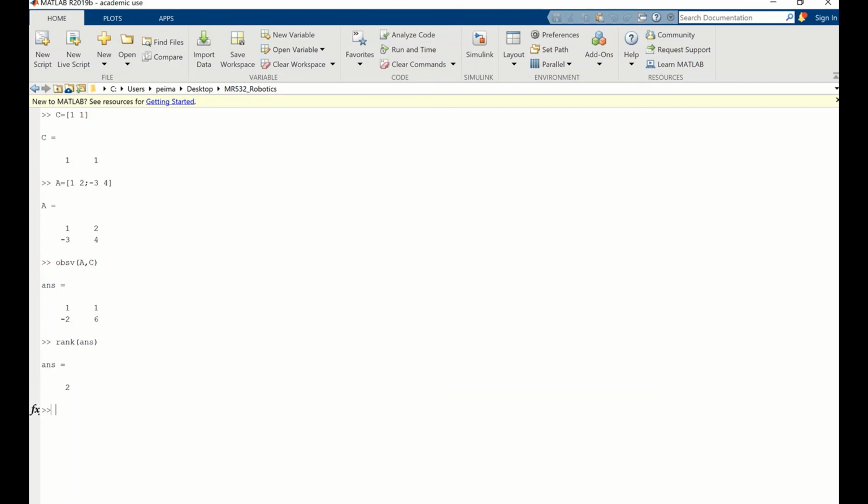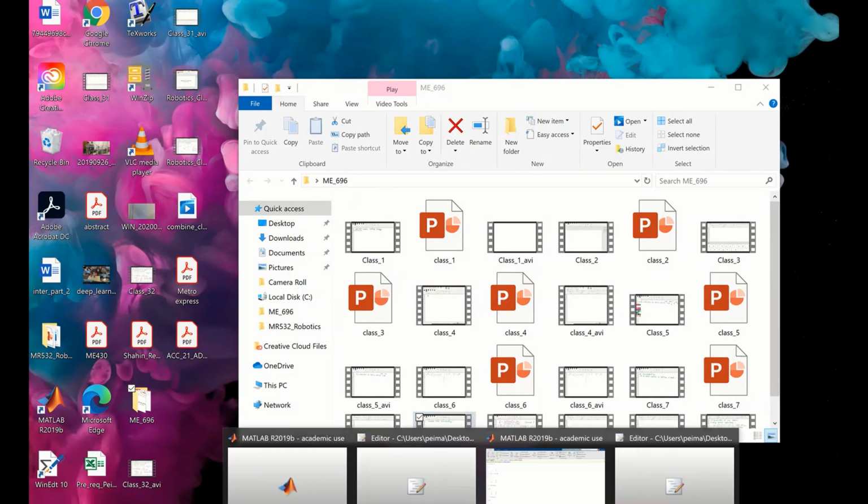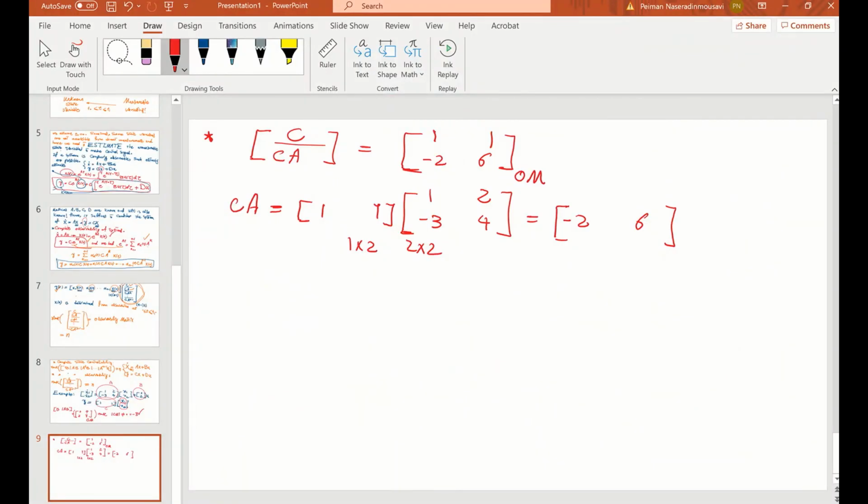Or if you do the determinant, I'm not sure it's working or not, let me try it. The determinant is 8. So obviously this is state observable, which means that you can estimate the state of the system. Understand? [1 1; minus 2 6].